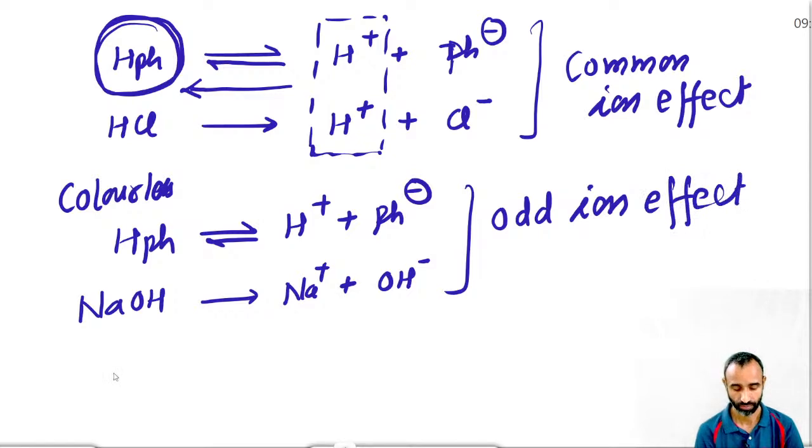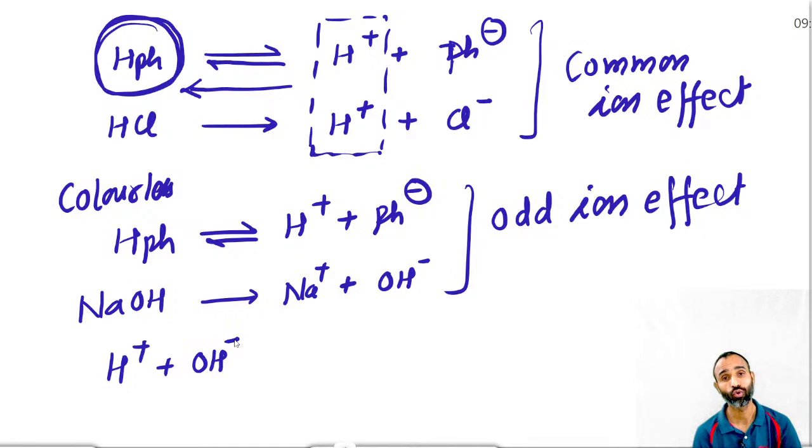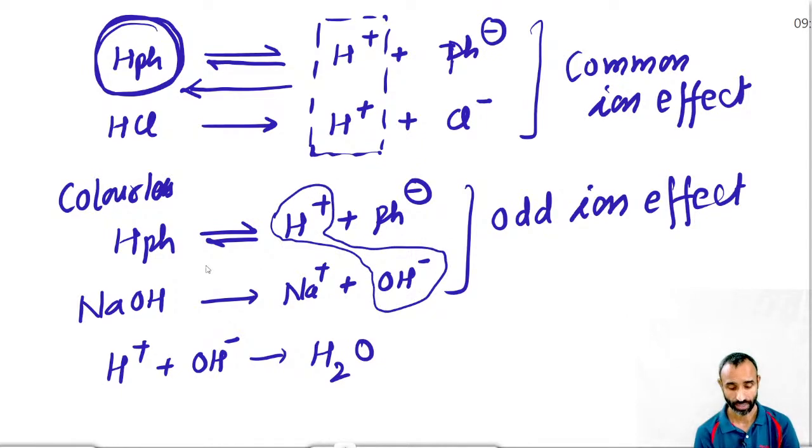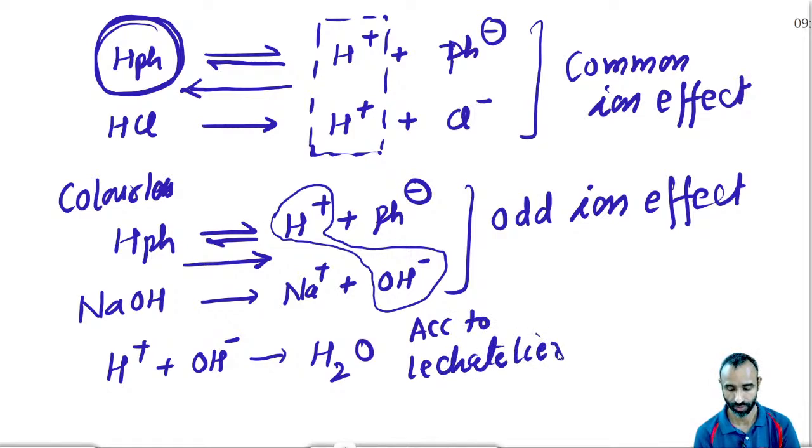Odd ion effect means this H plus ion is opposite to OH negative ion and leads to the formation of weak electrolyte, that is water, and therefore there is a removal of H plus ions, and therefore equilibrium shifts forward. Both are due to Le Chatelier's principle.